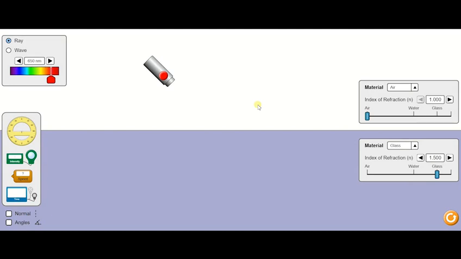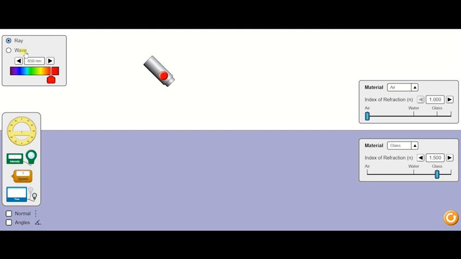Here is a simulation that is going to represent the properties of light. Let me explain what things are available in the simulation. At the top left corner you are able to see a ray and a wave, which means that we know that light has a dual nature.